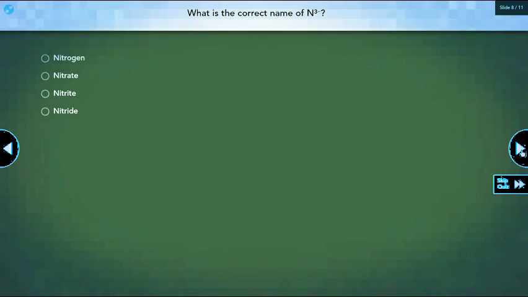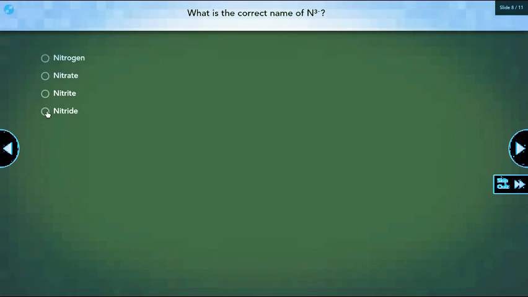And the correct name of N3-. N is nitrogen, and it's not a polyatomic ion. It's just nitrogen. And that one we changed the ending because it is an anion. It's negatively charged. It's gained electrons. So what we need to do is change that ending to IDE.